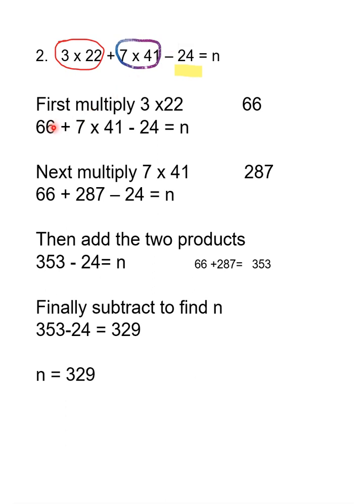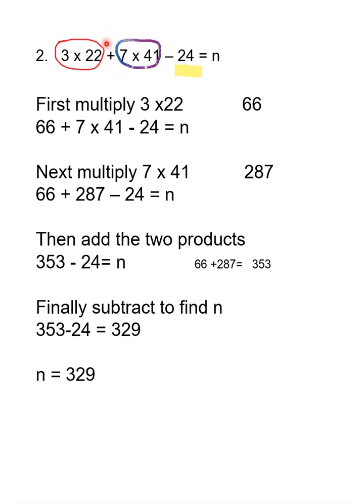All right, first, multiply 3 times 22. That's 66. 66 plus 7 times 41 minus 24 equals n. Okay, I just went right back up here and wrote that in the equation. Next, multiply 7 times 41. 7 times 41 is 287. So I would say 66 plus 287 minus 24 equals n. All right, now we've done both of our multiplication.